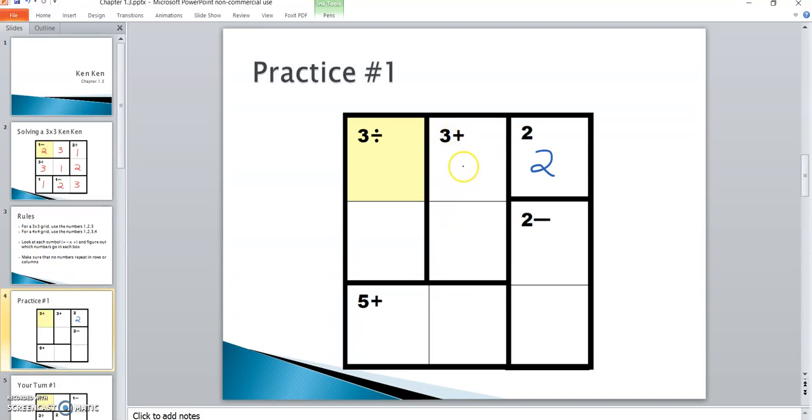So I know it's going to be a 1 and a 2. And because I already have a 2 here, I'm going to put a 1 right there. And just to continue this, if I've got a 1 and a 2 right here, the only number that can be right here is a 3.